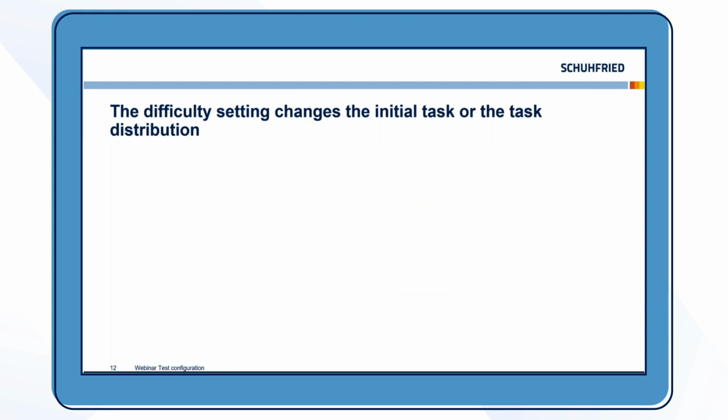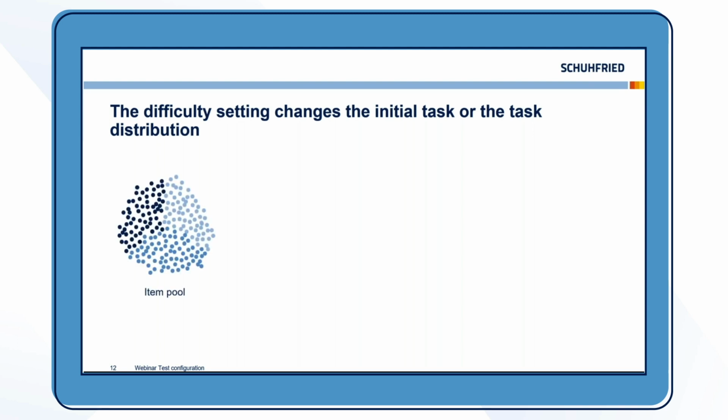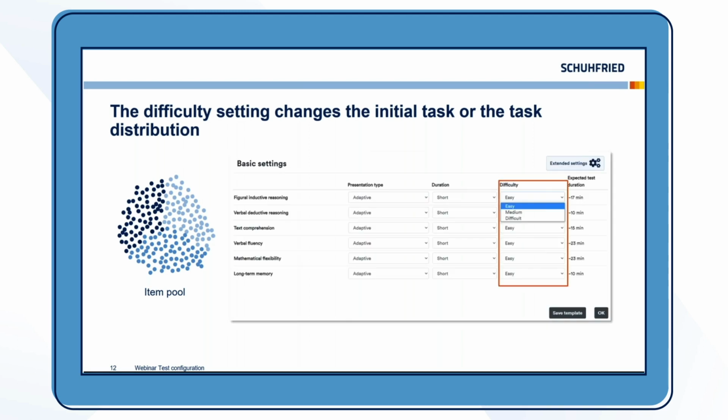The difficulty setting changes the initial task or the task distribution. Here you can see a stylized item pool with the dark dots being harder items and the light blue dots being easier items. If you choose easy in the adaptive mode, then the first item will be an easy item. If you choose difficult, the first task will be a much harder item.